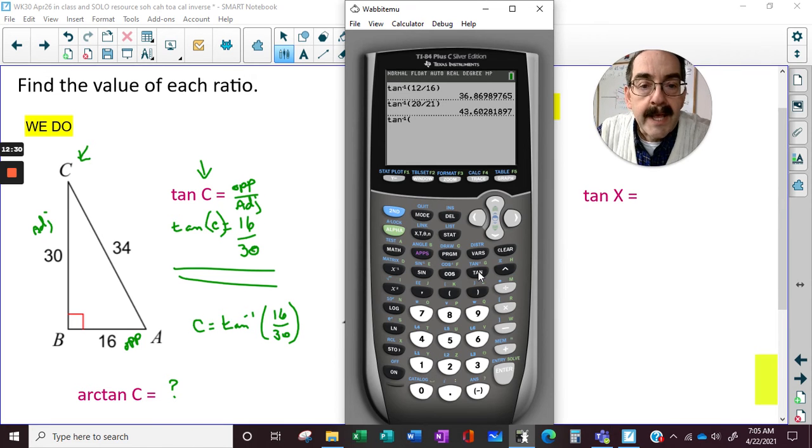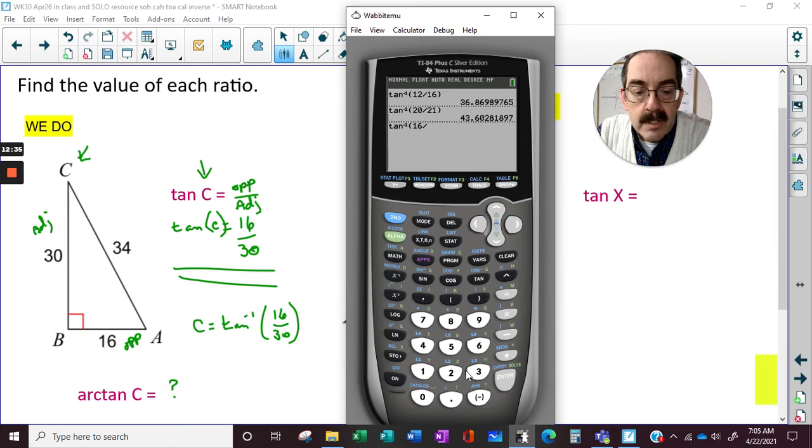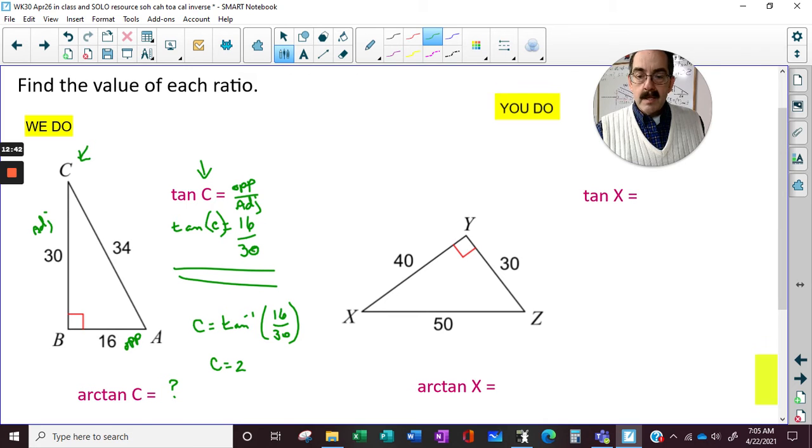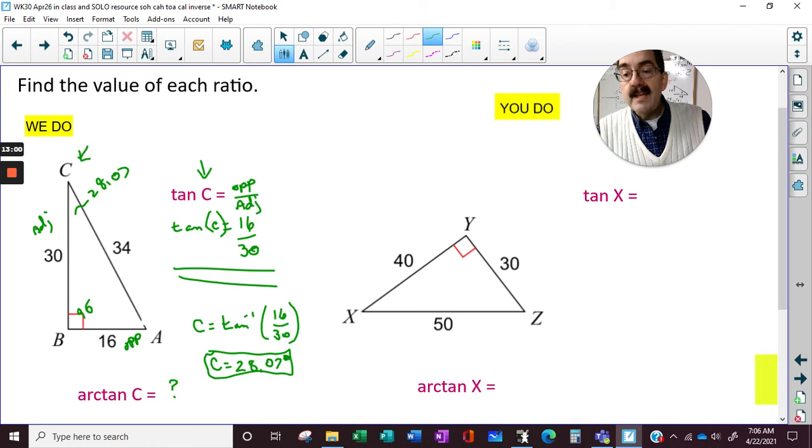Second tan, that -1, 16/30, close, equals 28.07 degrees. Degrees. Yep. Close it. Now if we wanted C, that's 28.07. That's 90. We could calculate the third one if we wanted.